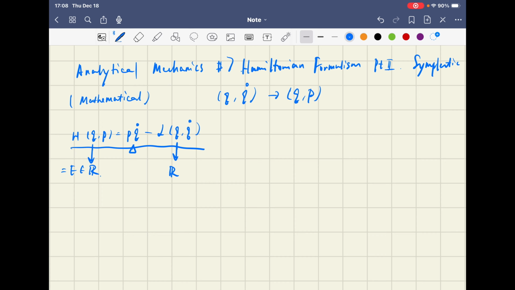So let's see what these two terms will bring us. First of all, q is generalized coordinates, and q lives on the configuration space. So q belongs there.